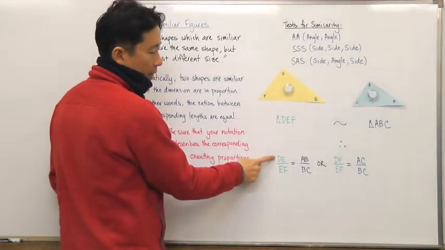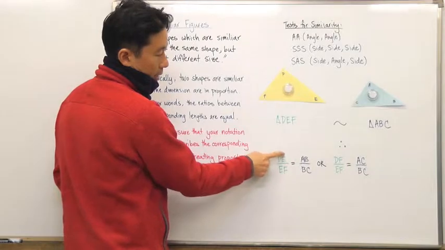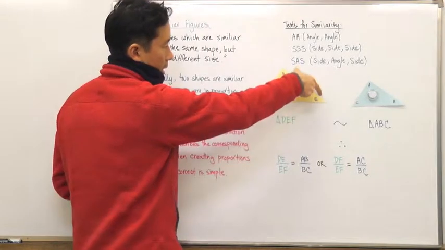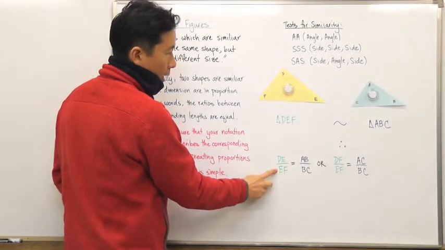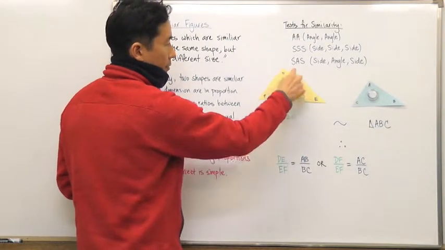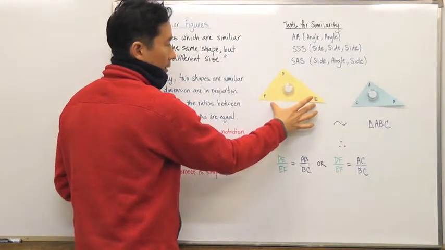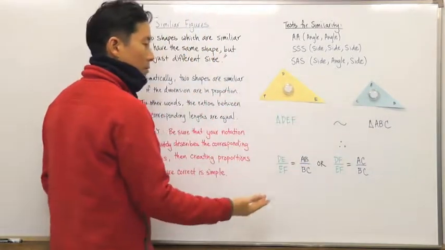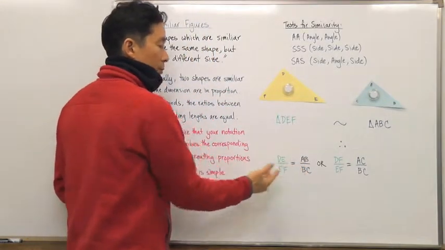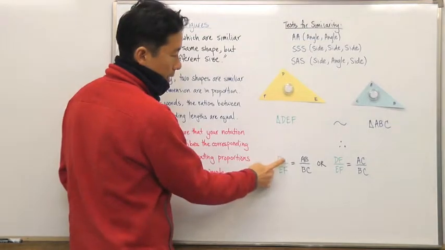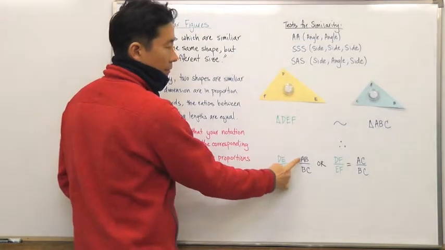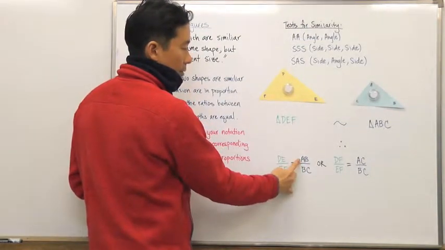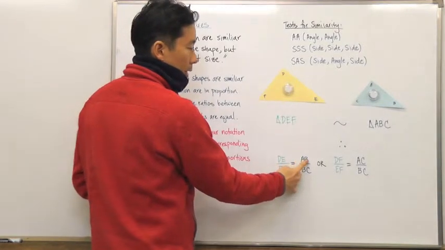Take a look. If I say the length DE over EF, so this length divided by that length, how am I going to determine, given the blue one, what lengths I should put in ratio? Now, if I went D to E, then for the blue triangle I have to correspond that to the length AB.